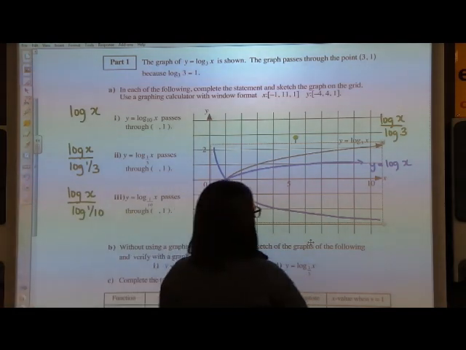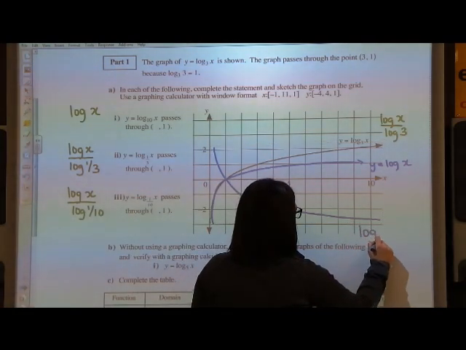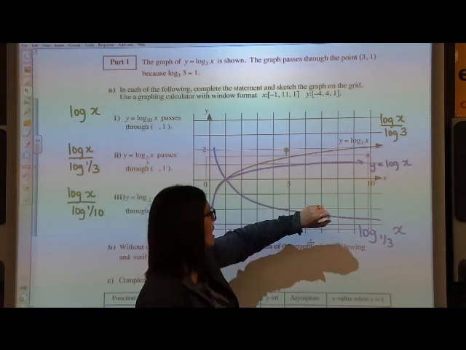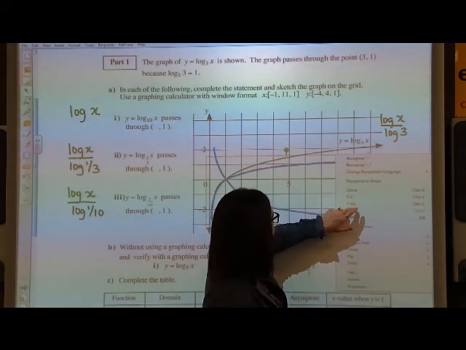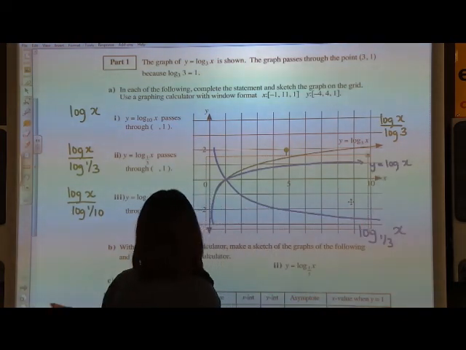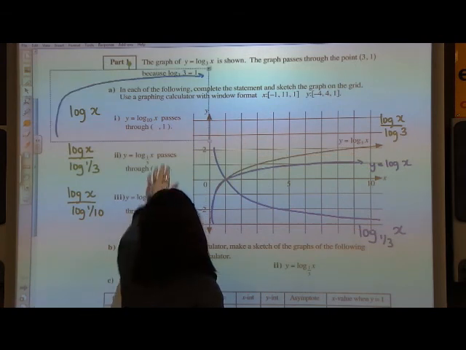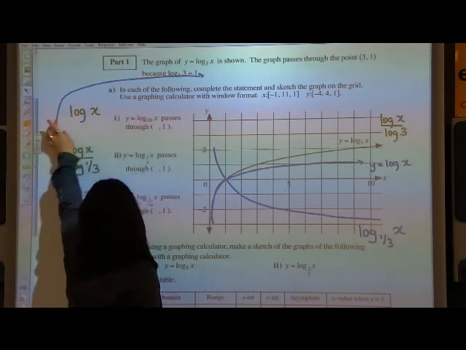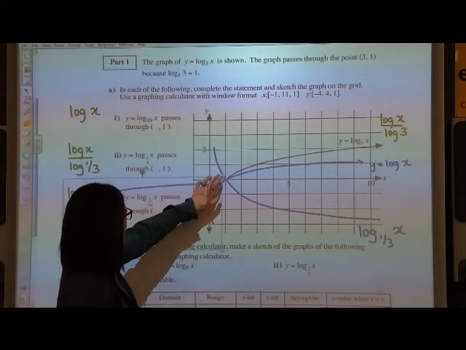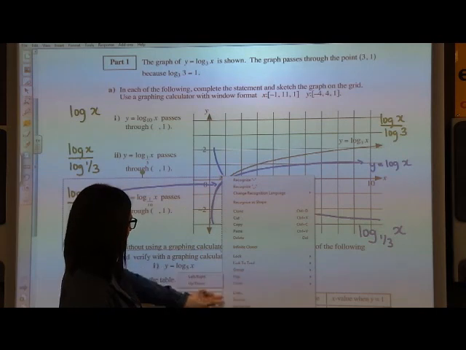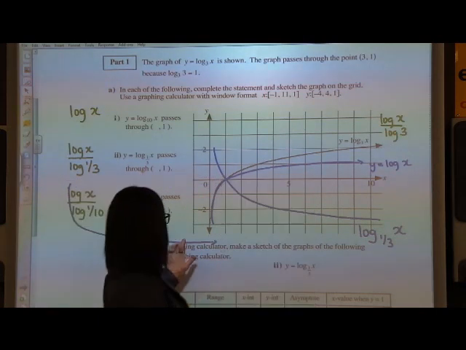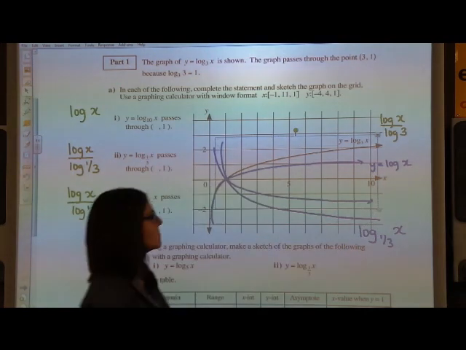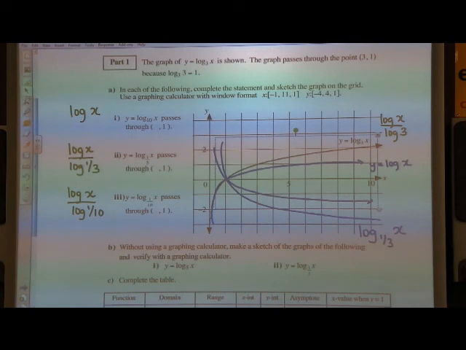There's my log base 1/3. And then my log base 1/10 of x again looks like a reflection of which graph?